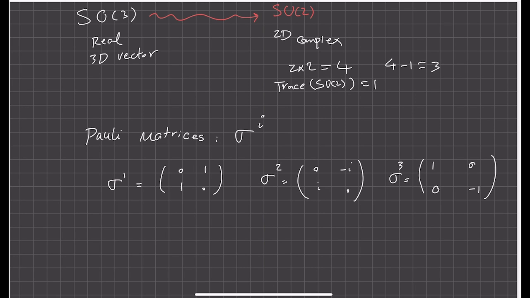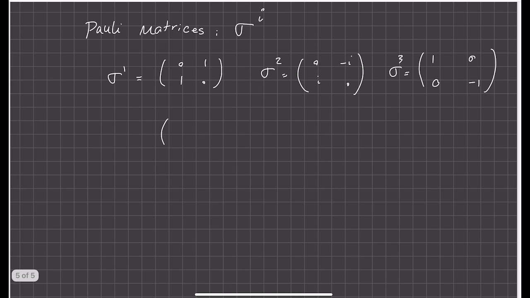A spinor is a two-dimensional entity. So the spin of one particle is a two-dimensional entity, S1, S2, and those Pauli matrices and other transformations in SU2 act on them and take them into S prime 1 and S prime 2. So that's a spinor.